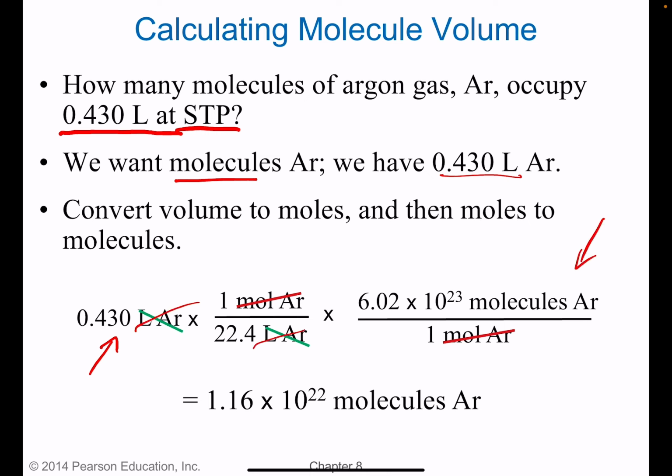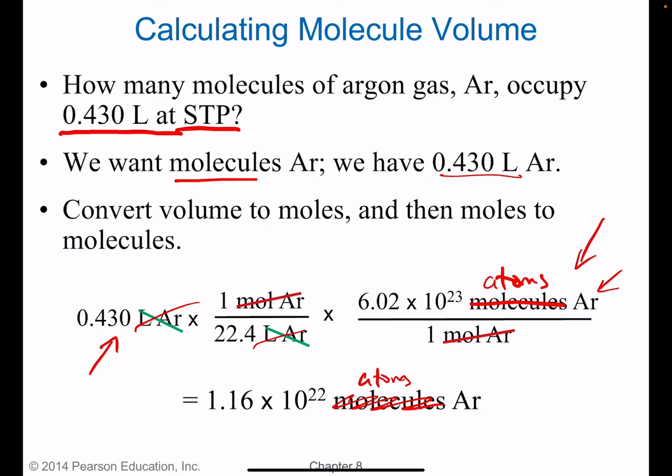And then this is Avogadro's number. So recall Avogadro's number gives you a conversion to go between moles and molecules, or it could be between moles and atoms. We could also write, in fact we should write atoms right here, because argon, a noble gas, exists as atoms, not as molecules. But the principle is the same.